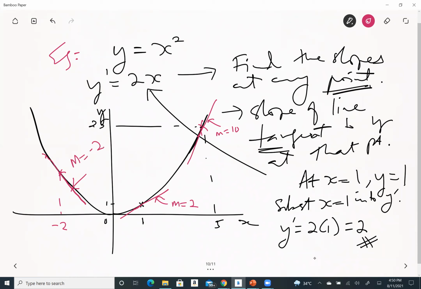So you can find the slope at any point. That's why I said, find the slope at any point: the slope of the line tangent at that point. You can find x equals -5 or whatever value you want. There are infinitely many points up there.